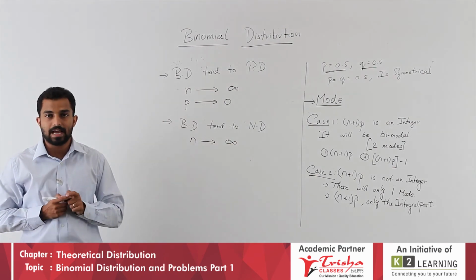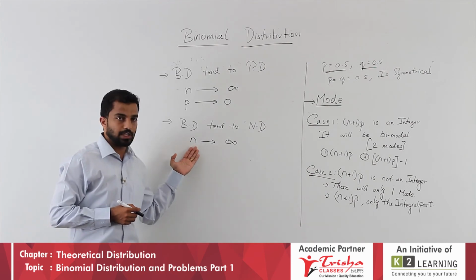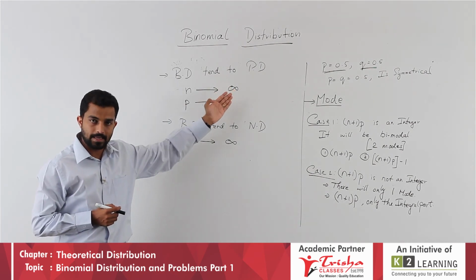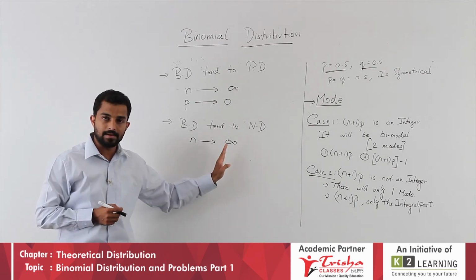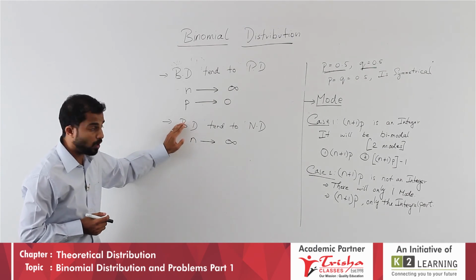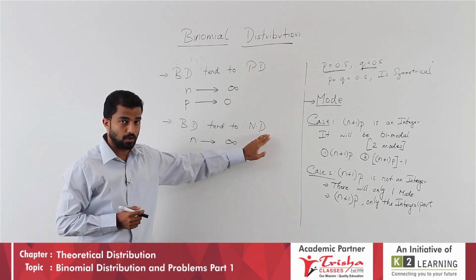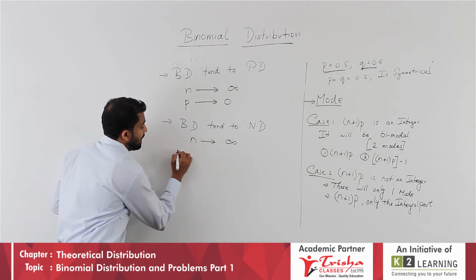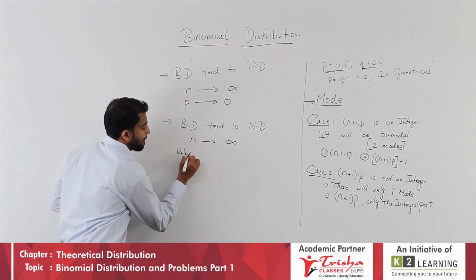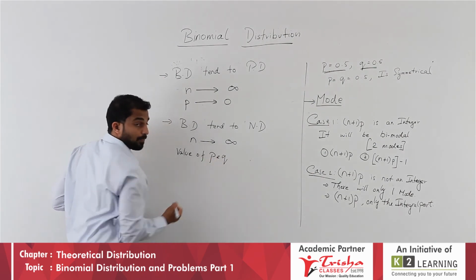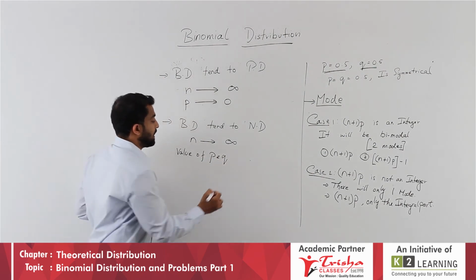Now you will definitely have a question, sir, here also you are telling n tends to infinity, there also you are telling n tends to infinity. Yes, in both places the n tends to infinity condition should be there, but if binomial has to tend towards normal distribution, then understand students, the values of p and q will be almost equal.